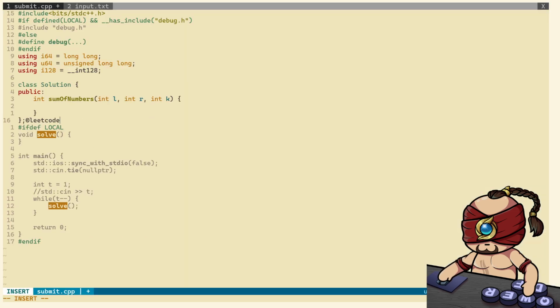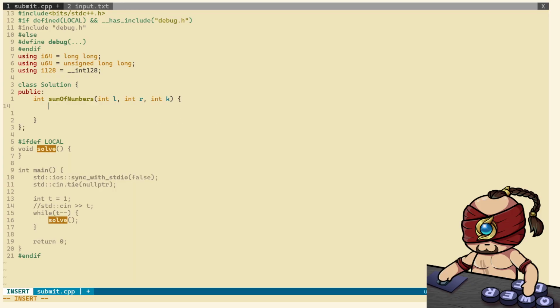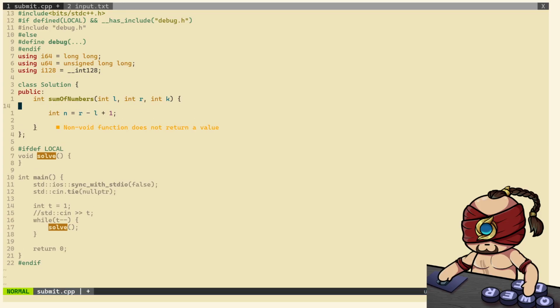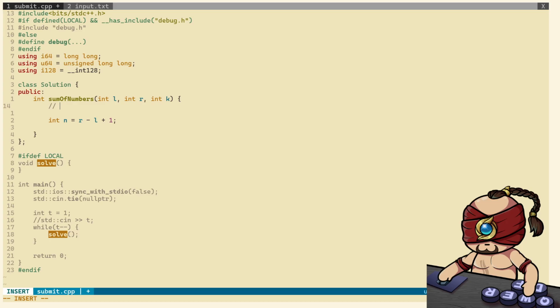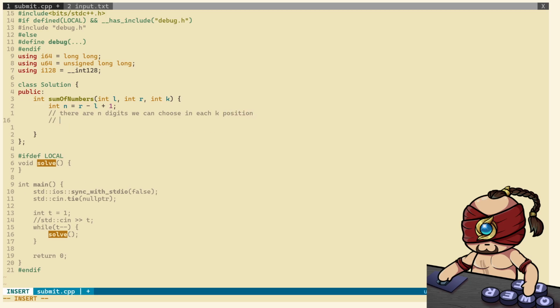We can work our way up. So basically this, right? Each digit appears. There are n digits. We can choose from each, we can choose in each k position. So how about each digit?